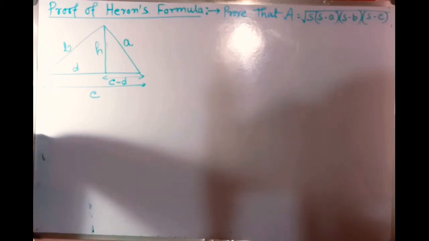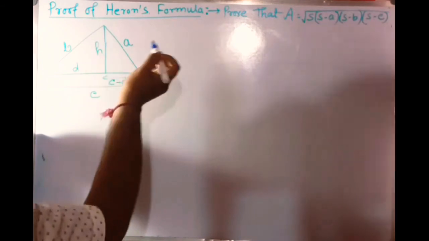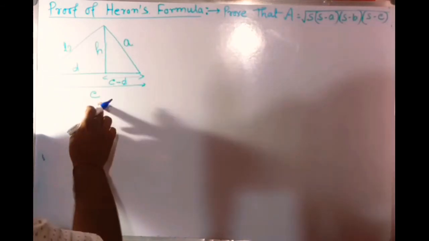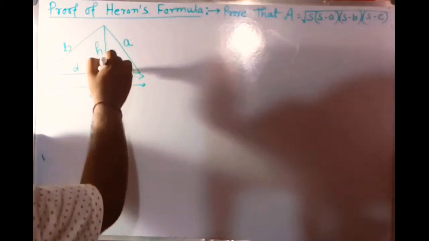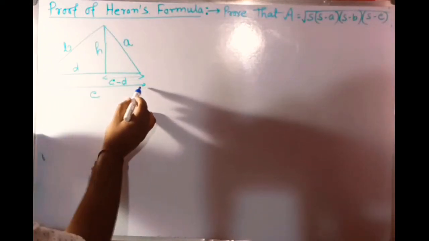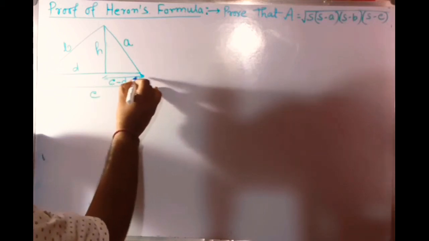As you can see from the picture, this is a triangle whose three sides are a, b and c, and we are dividing it into two triangles. This is h and this side is c, this is d, and obviously this is c minus d. Understood?